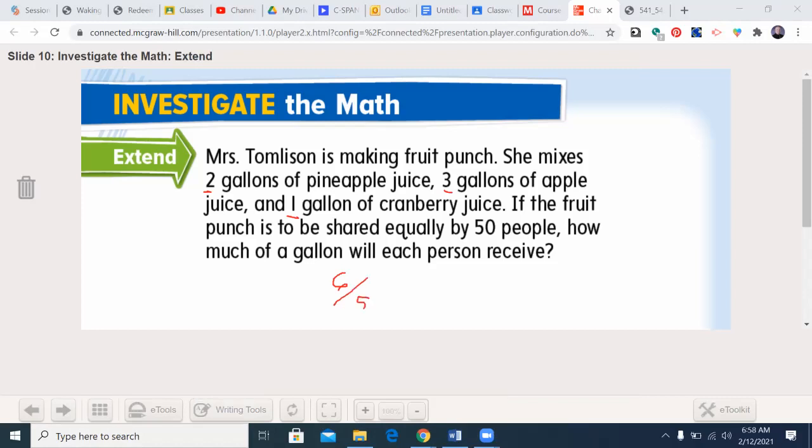So we have 6 divided by 50. That's a way to write that. There are other ways you can do it. I will talk later about simplifying it, where you can divide top and bottom and get 3/25. But right now, you're okay with this part, the 6 over 50.